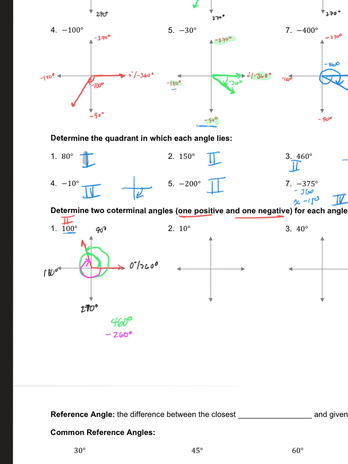I started with the initial one, went to the 100 degrees, and had to go all the way around, so I took the angle and added 360 degrees. For the second one, I started here and wound up right there. That's 100 minus 360 degrees, which gives me negative 260. Those are your two coterminal angles.